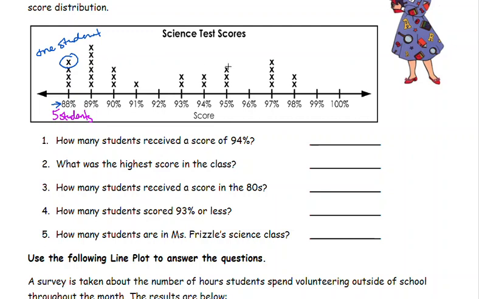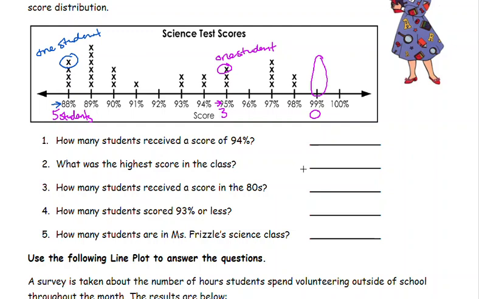This X is also one student, but this is one student who got a 95%. So if we count all those up, we have 3 students who scored a 95%. If we look at 99%, there's no X's here, so that means that there are 0 students that scored 99%.